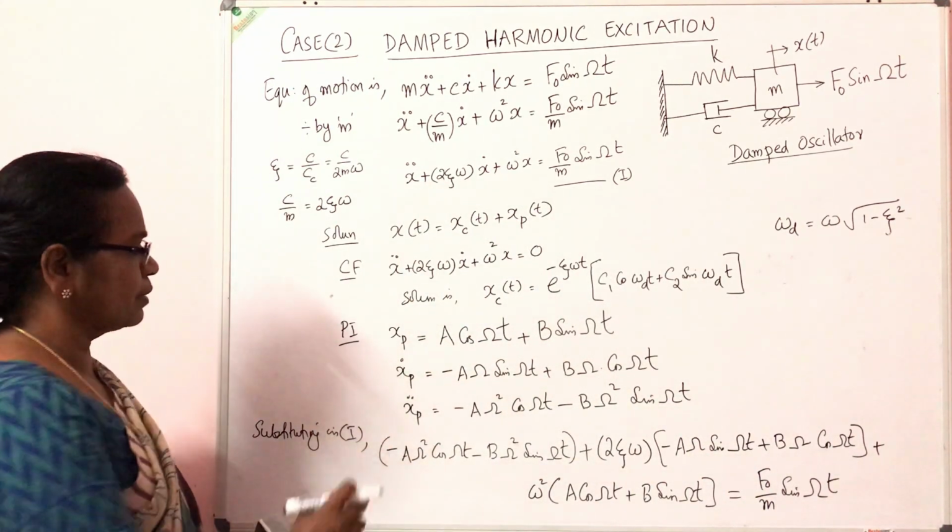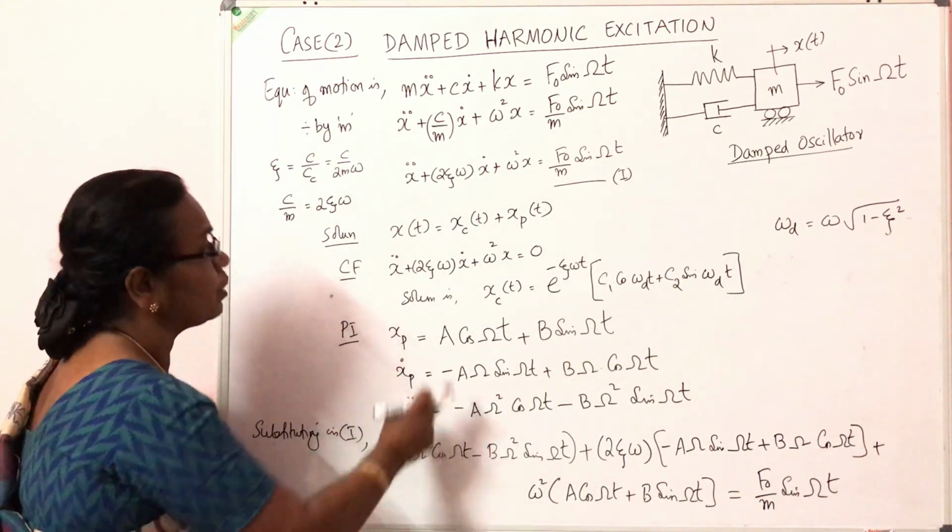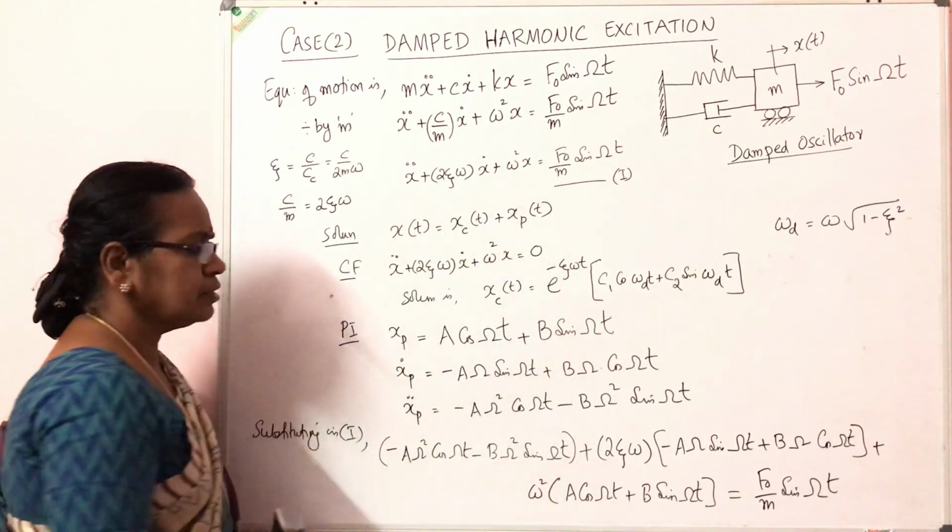So we have substituted the values of xp, xp dot, xp double dot in equation 1.